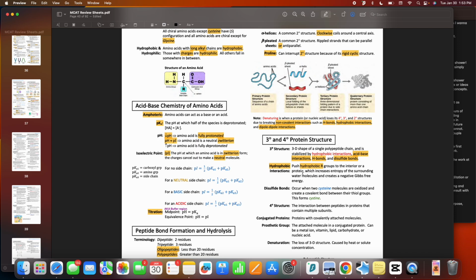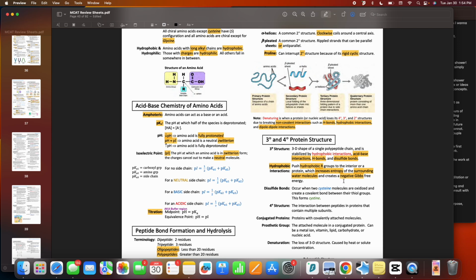So what does this mean? This hydrophobic interaction increases entropy of the surrounding water molecules and creates a negative Gibbs free energy.